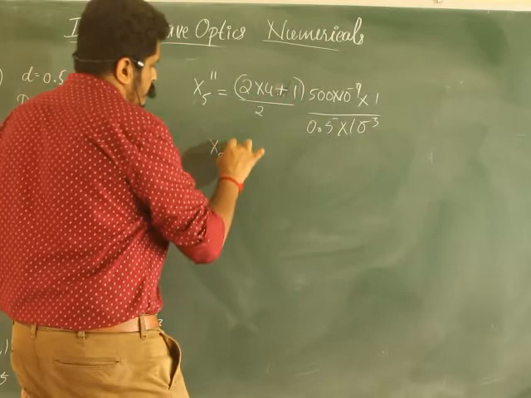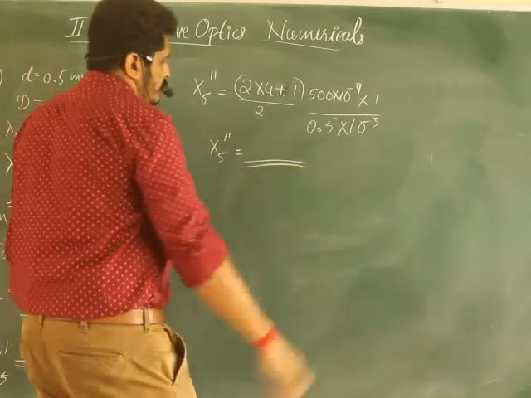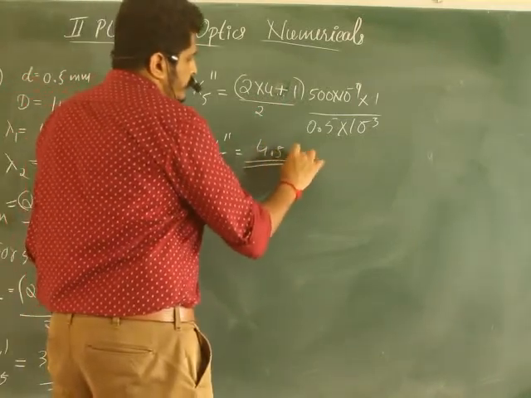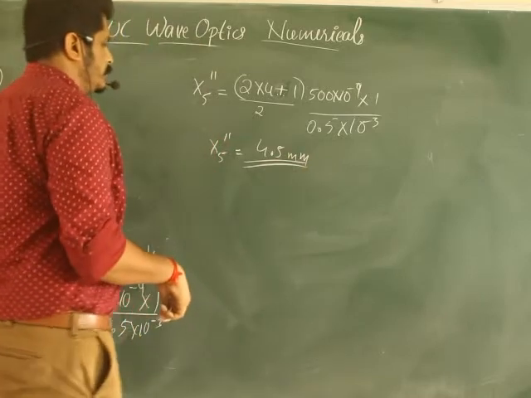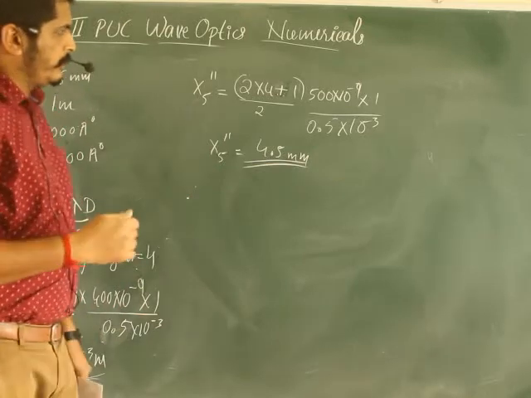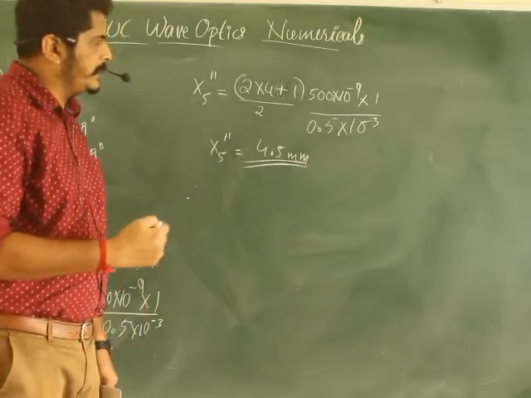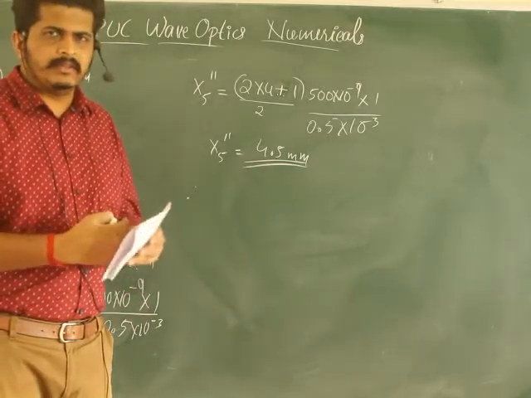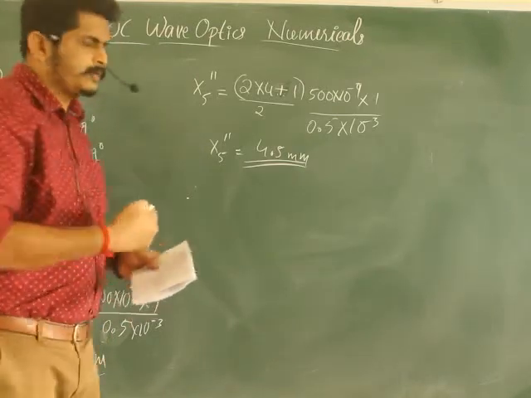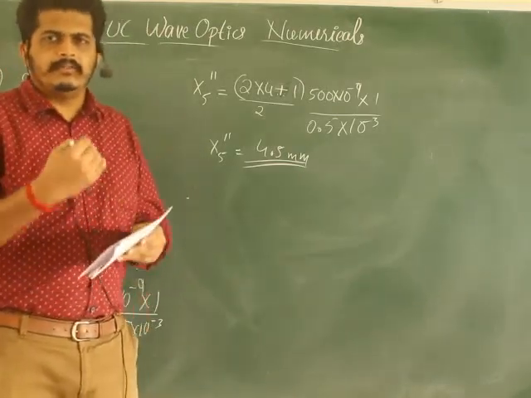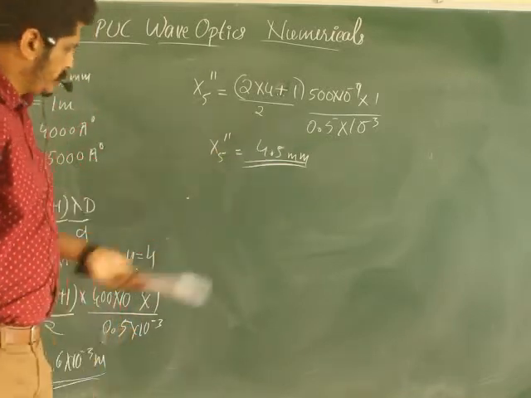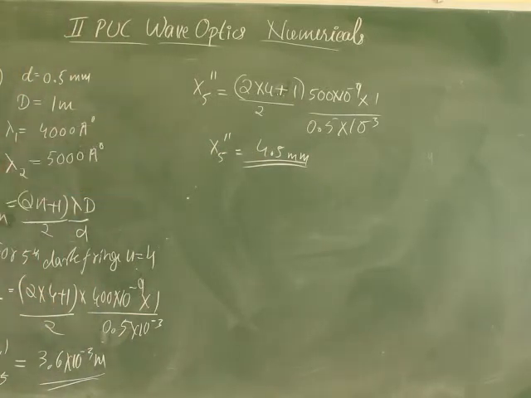So x5 double dash, what is the answer? You will get somewhere around 4.5 millimeter, okay, 4.5 millimeter. Therefore we got to know, when you apply wavelength 5000 or 500 nanometer, you will get the fifth dark fringe at one particular distance from the central maxima. Like that, in case of 400 nanometer, from the central maxima x5 will be at one particular distance. So variation we got to know, correct? Here it is 3.6, there it is 4.5 millimeter.